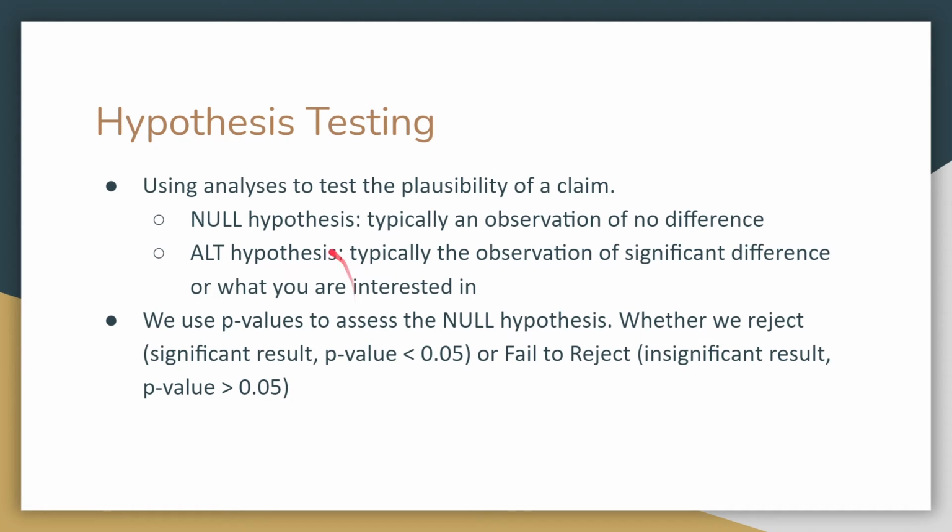But this isn't to say that an insignificant result is not good. You can have insignificant results that indicate a pretty good outcome. So just because you fail to reject, that doesn't mean that your experiment is a failure.